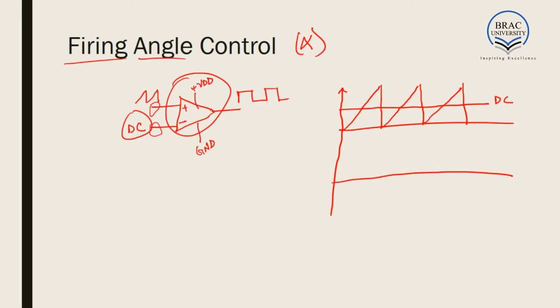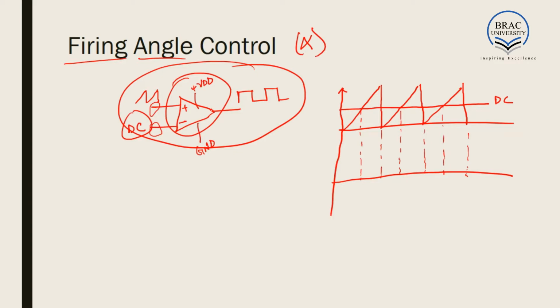So as a result, if we just mark this here and these things here and there, what happens if this circuit is connected? When the value of the sawtooth wave is more than the DC value, it will give a positive voltage, and the level of positive voltage will depend on this VDD.